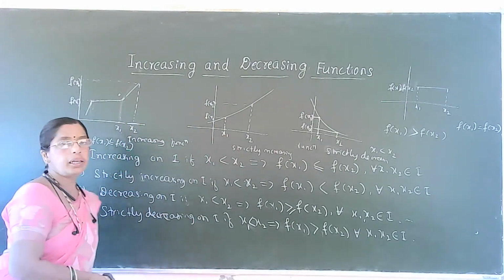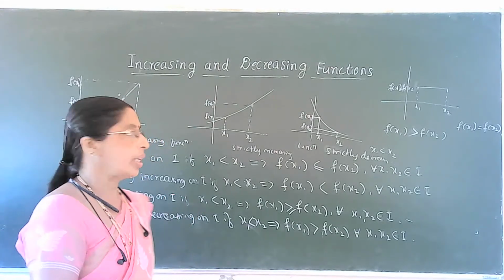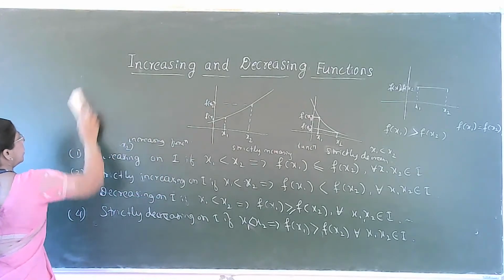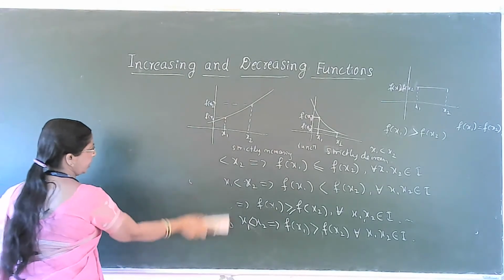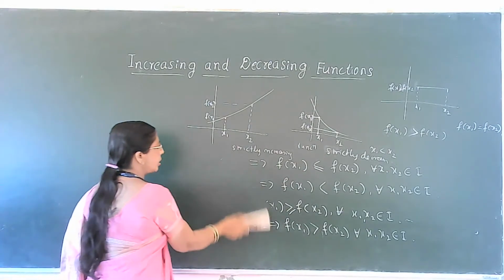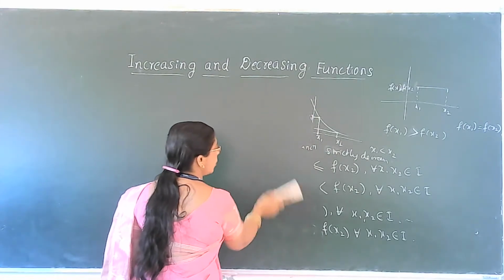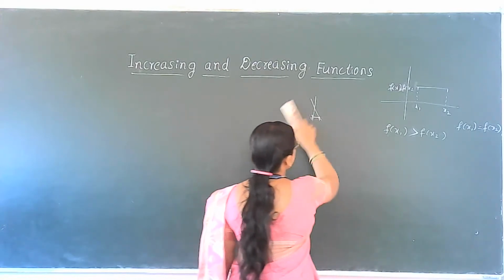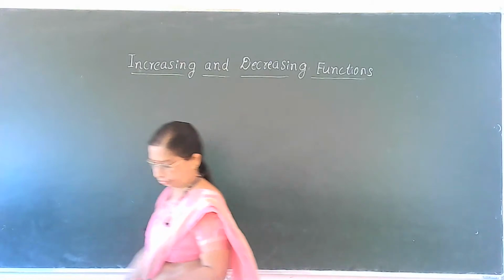I gave the graphical interpretation for these increasing and decreasing functions. But finding increasing or decreasing functions by the graphical method is not useful. By using derivatives, we can find whether the function is increasing or decreasing.